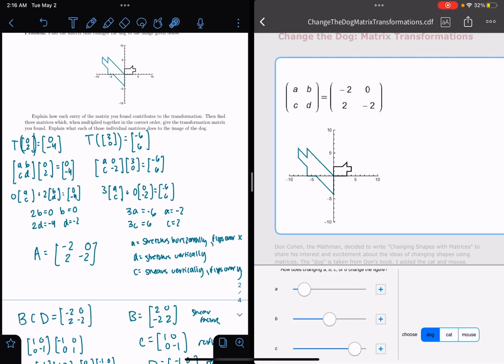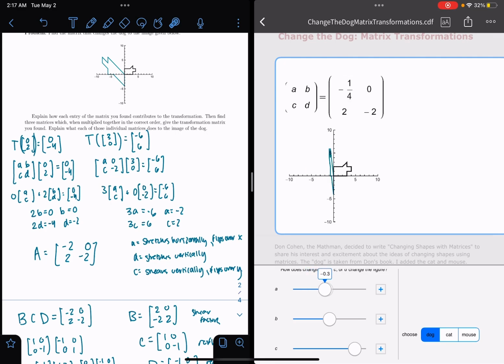And you can see that the A is in charge of the horizontal flips, the horizontal stretch, and flipping over X. You can see because of that negative value, and it's not the value of 1 that it started with.